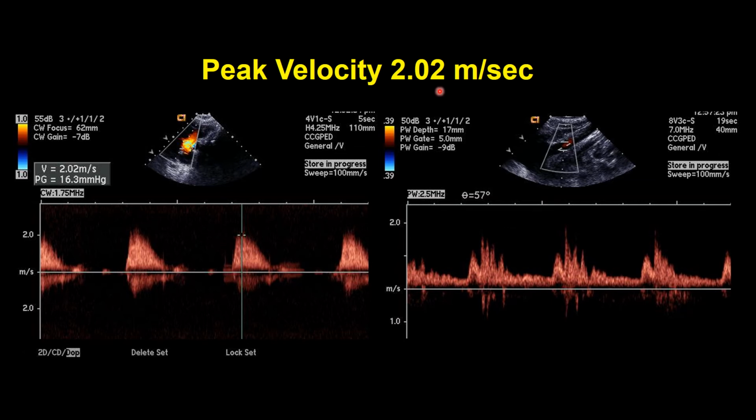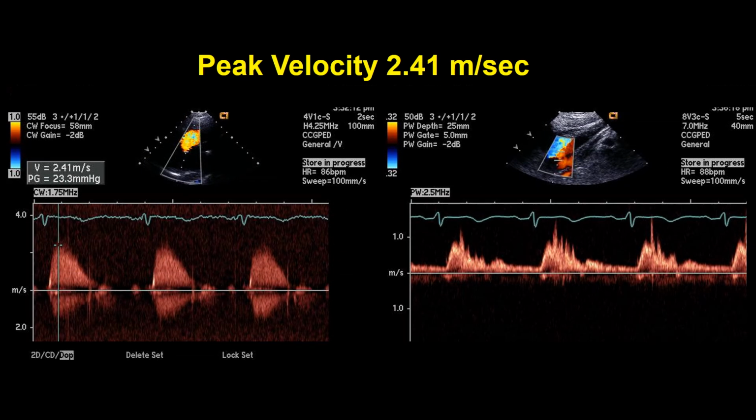Okay, we're at 2.02. Even in a very mild gradient, we can start to see fluctuating velocities and augmentation of the secondary wave. However, the primary wave is still intact and there's no fluctuation in the primary wave.